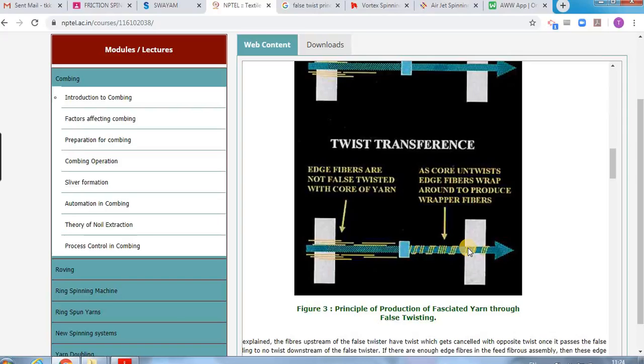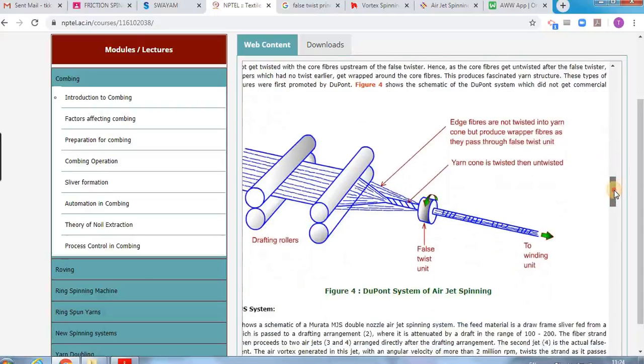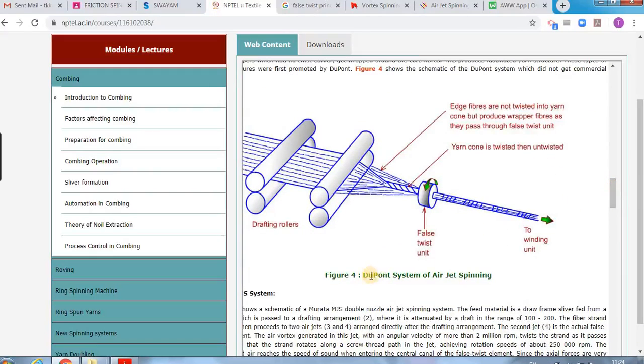So this is called fasciated yarn, produced using the false twist principle. The first machine produced under this false twist principle is from DuPont. So DuPont or Toray from Japan developed an initial machine based upon this false twist concept.